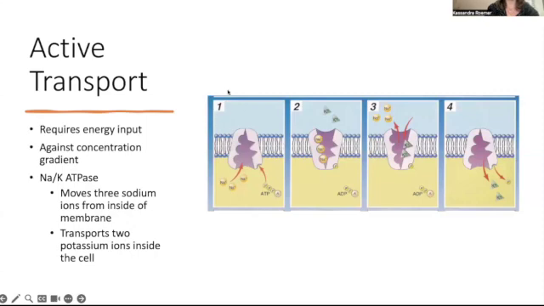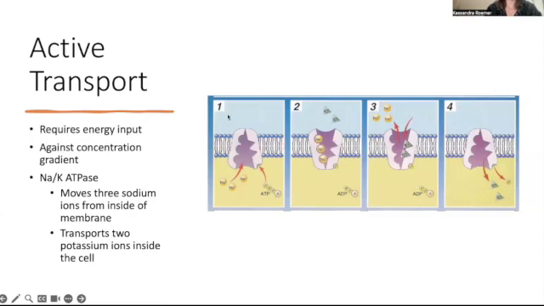The remaining phosphate from the hydrolysis of ATP is then released for a conformational change. So the energy from that phosphate release is used for a conformational change back to the original conformation, and potassium is released to the inside of the cell.